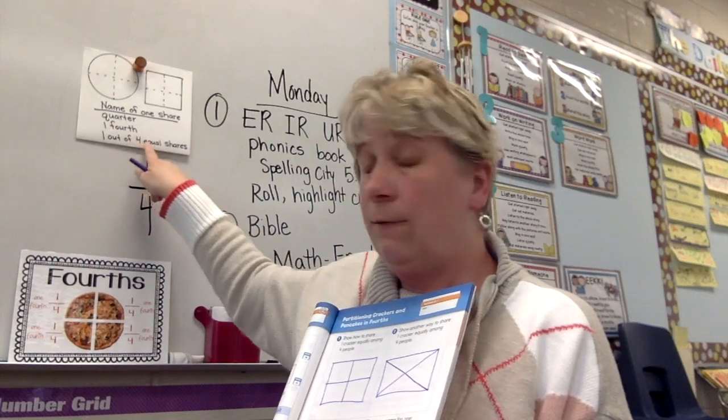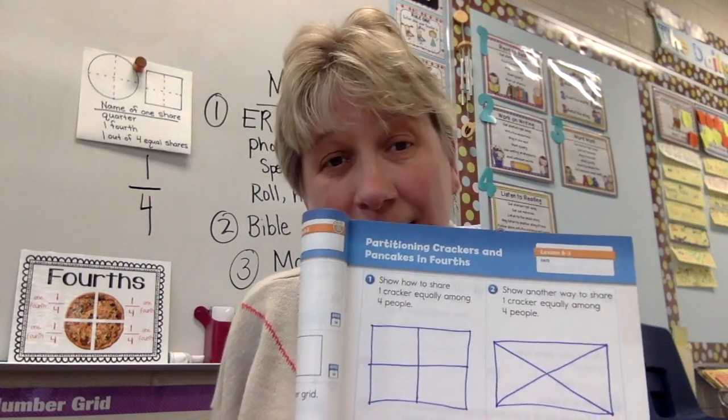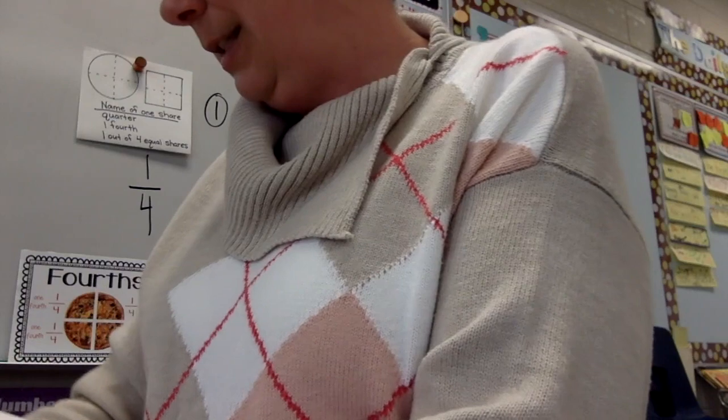You can say 1 out of 4 equal shares or 1 out of 4 equal parts. That would be a way to name that one little piece. So go ahead and write a name for one of the equal shares of pancake in that space. After you do that, we are going to have you work on page 164. So turn the page.